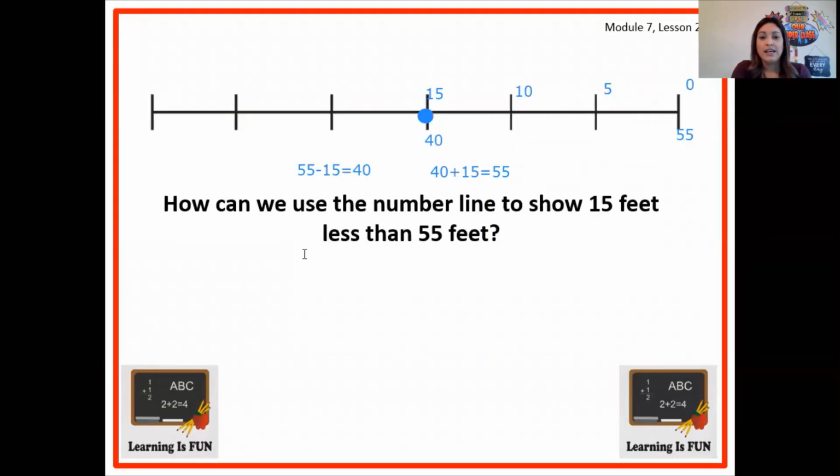So again, if you're going to show more, you start on the left because the more you give it, the bigger the number gets. But if you're going to show less, then you start on your right because the less you have, the smaller the number gets. Does that make sense? I hope so.